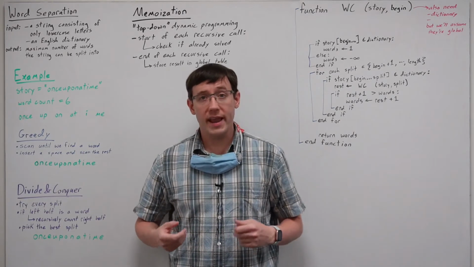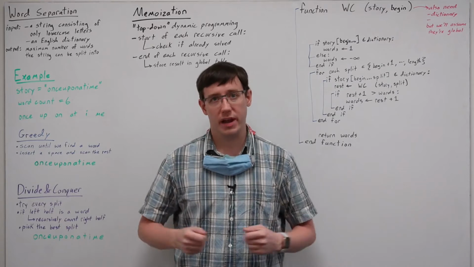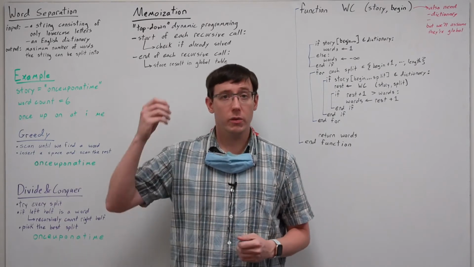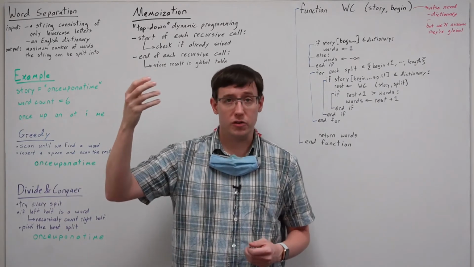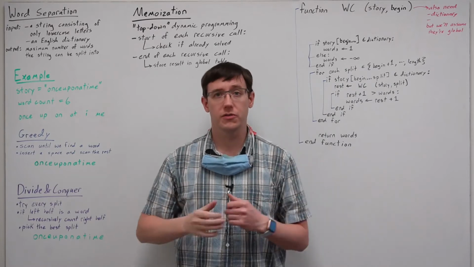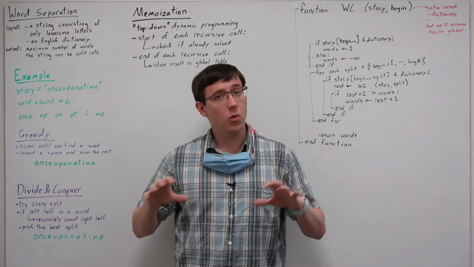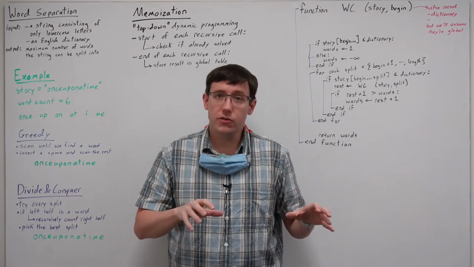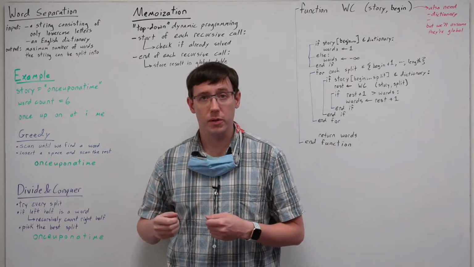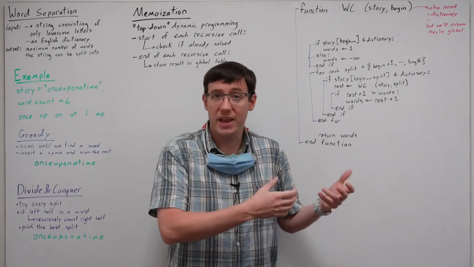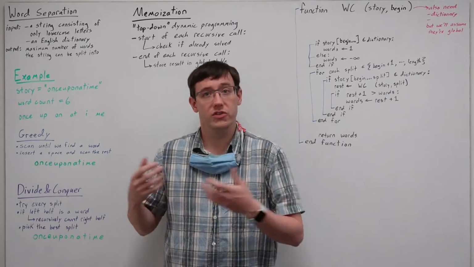Memoization is a way of doing top-down dynamic programming, where we start with the largest problem and recursively solve subproblems, but along the way we save the results of smaller subproblems so that once again we can make use of those optimal solutions later.